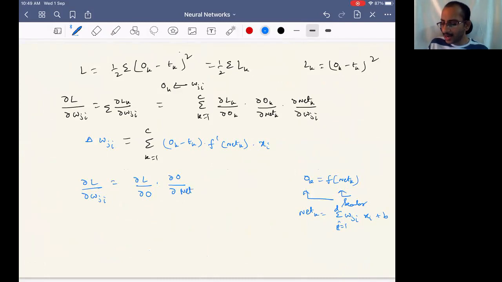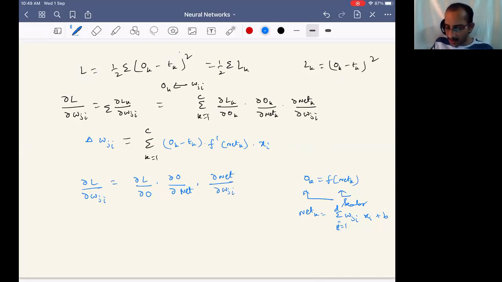When I write this, I am differentiating the kth element of O with the kth element of net only, because I am not differentiating with other elements. F dash is also a vector of C cross 1. And then the next thing is dou net by dou Wj.